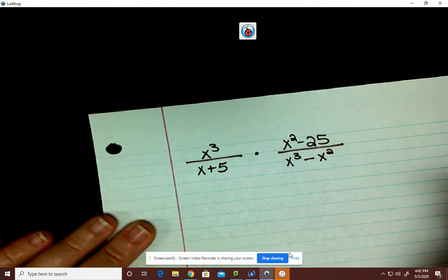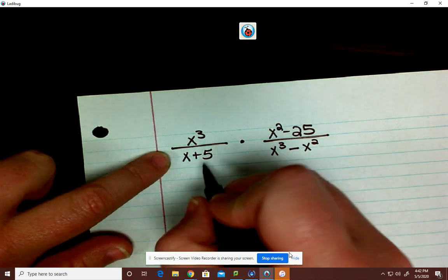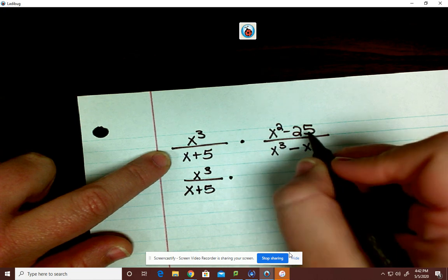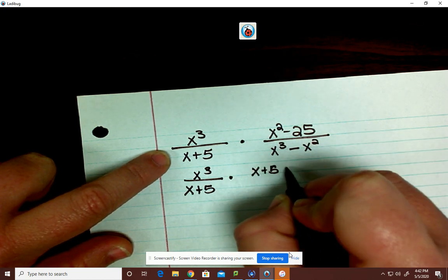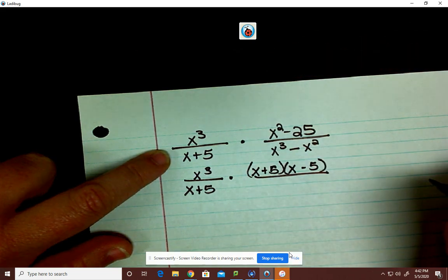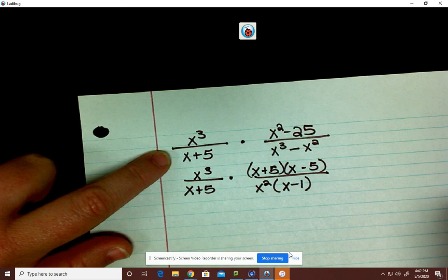Let's go over one more. Factor everything. This is just x cubed over x plus 5, that's not going to change anything. X squared minus 25 is a difference of squares, so x plus 5 and x minus 5. And here we have a GCF of x squared, and that leaves me with an x minus 1.